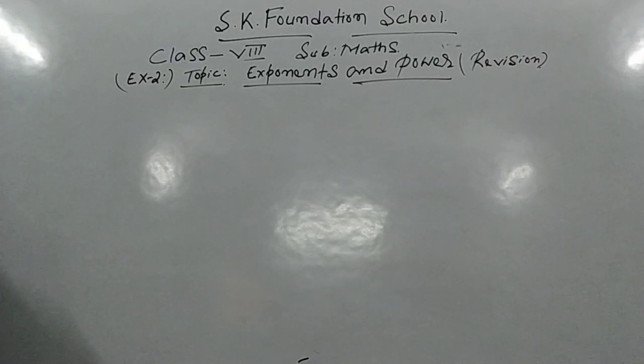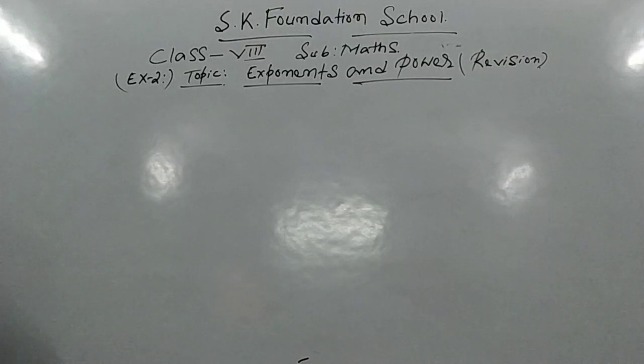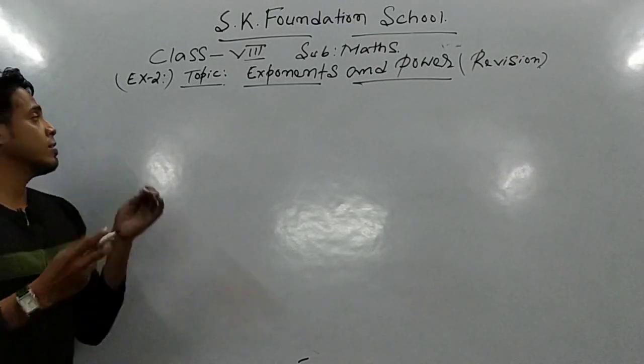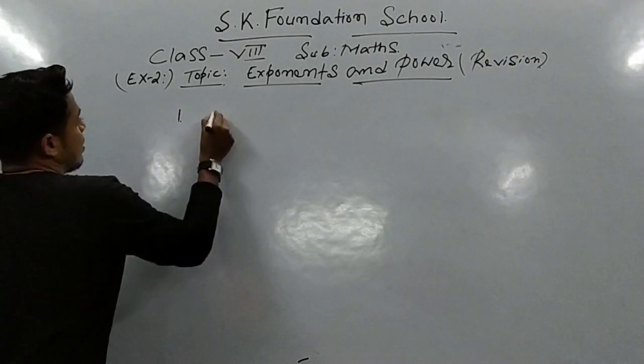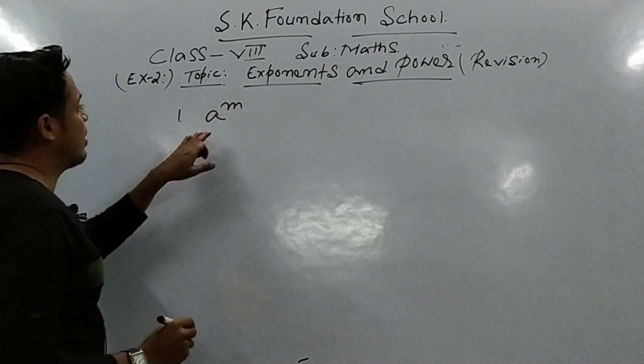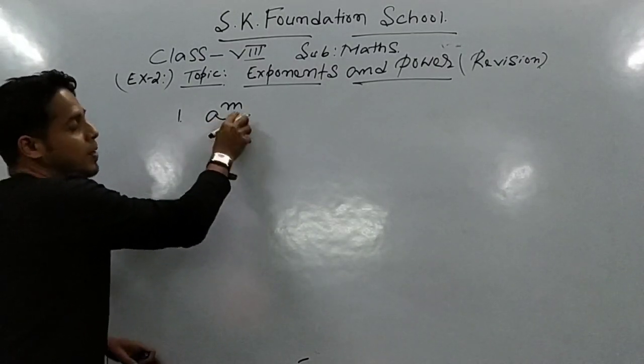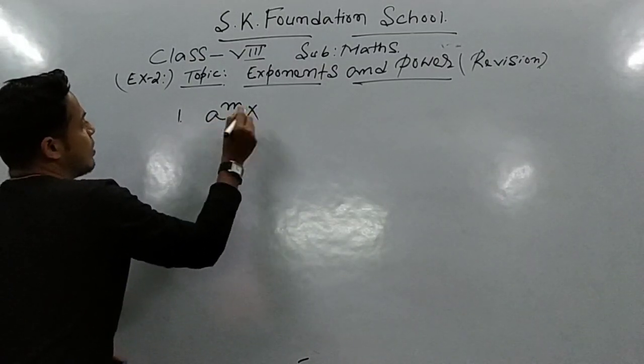Before going to start our sums, first we are going to discuss some formulas of exponents. Suppose we already know that in the term a to the power m, this part is called the base and this one is called the power, right?